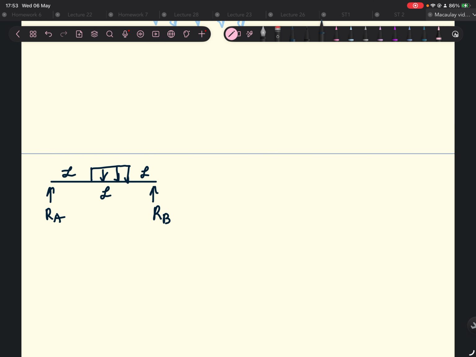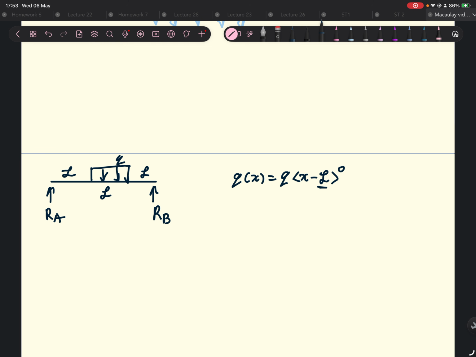Cool. Now we want to write the Macaulay expression for this. So we want to write a Macaulay expression for Q. So Q of X is going to be equal to Q, and then because it's a constant, X minus L, and then to the power 0 because it's a constant.